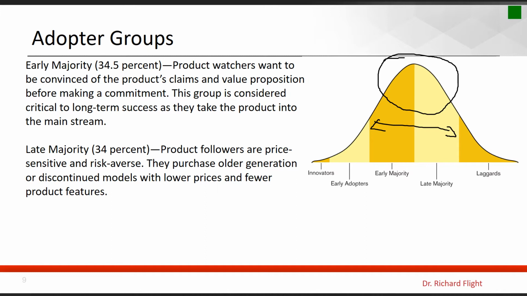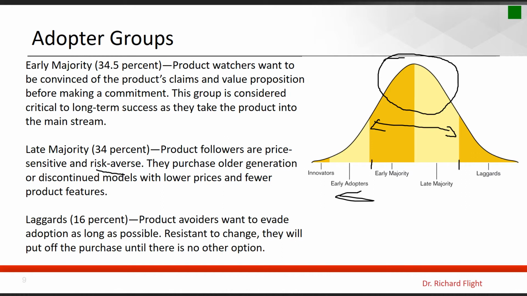These folks are more price sensitive. They're a little bit more risk averse as well. They certainly are more so than the early adopters were. And they're growing in that way between the start of the early majority and the end of the late majority, which then finally leads us up to the laggards.